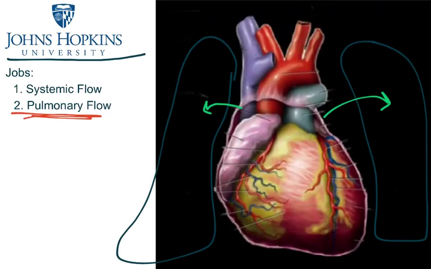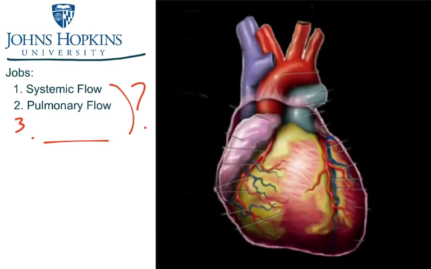And the blood then comes back from the right lung, and it comes back from the left lung, and gets pushed back into the heart, and then gets squeezed through the aorta. So there's this little extra step here where blood is going to and from the lungs, and that's the pulmonary flow.